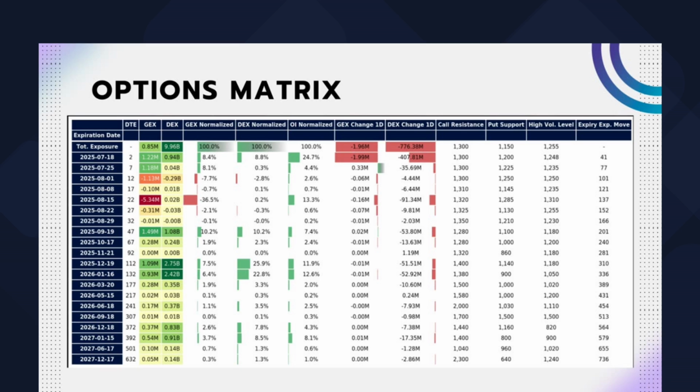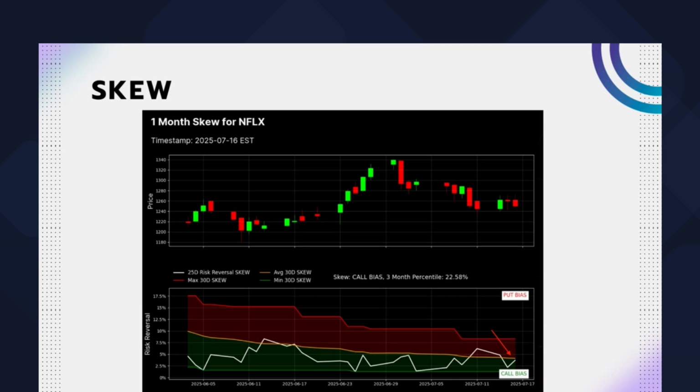That means to me that maybe a lot of participants are worried about the earnings, and maybe they're scared that Netflix is not going to do so well, so they are using the option market to act on that. If we look at the skew, we're still in a call bias environment, but you can see how the skew is going towards the neutral line. We're going towards the orange line there, but we are still in a call bias environment, right?